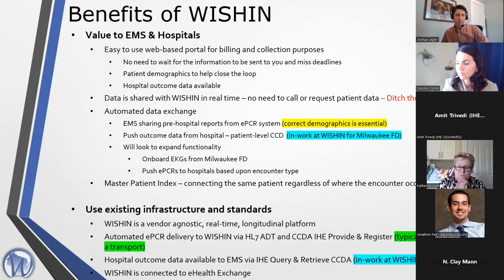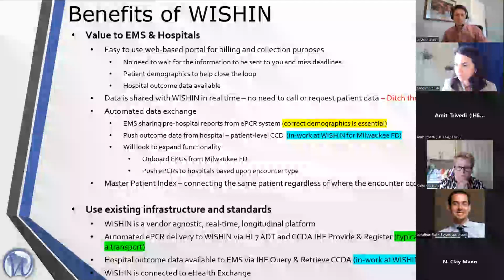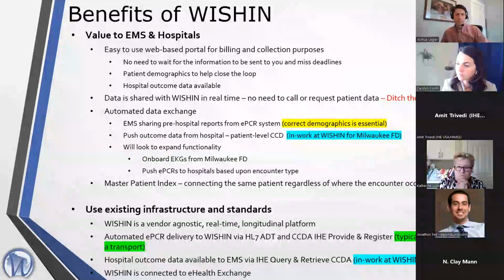That is the goal. It's good to have goals. I think we're in the crawl, walk, run type of phases. We're still in the crawl to walk. We need to get this operating seamlessly and work with the EMS providers to enter data in correctly so that we can do this.